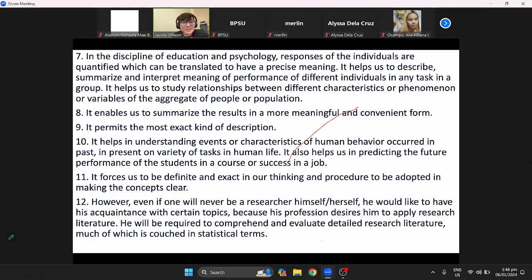Okay? Next, it enables us to summarize the results in a more meaningful and convenient form. Diba? That's one of the things na gustong-gusto ko sa statistics. Diba? Let's say, for example, paano natin malalaman ang population ng buong mundo? One or another, to know the population of the whole world, we can organize that through what? By country. Okay?